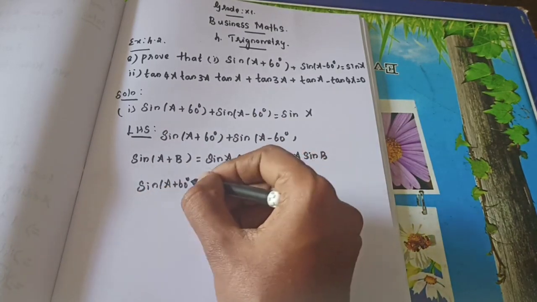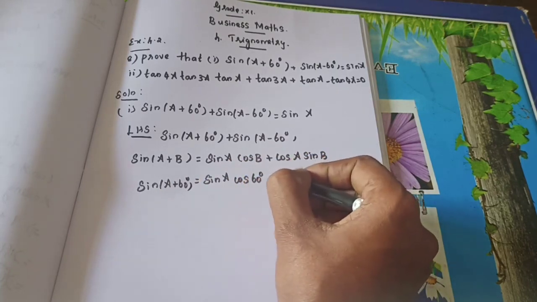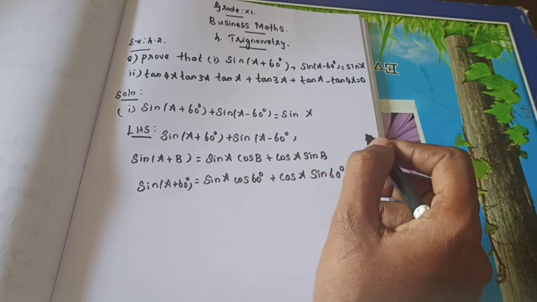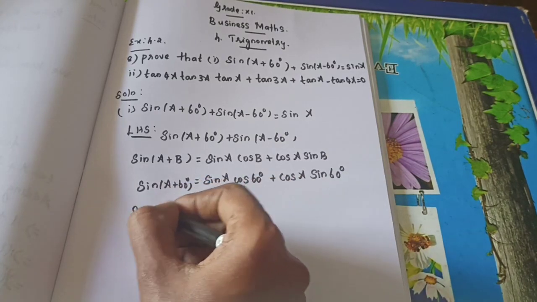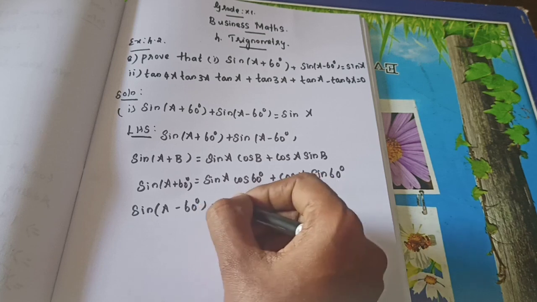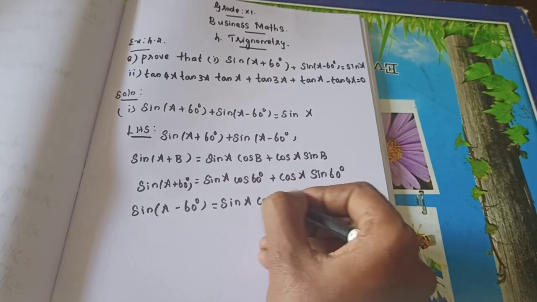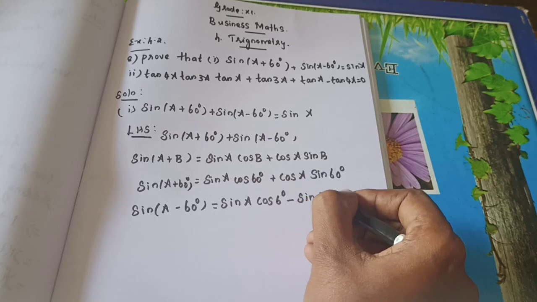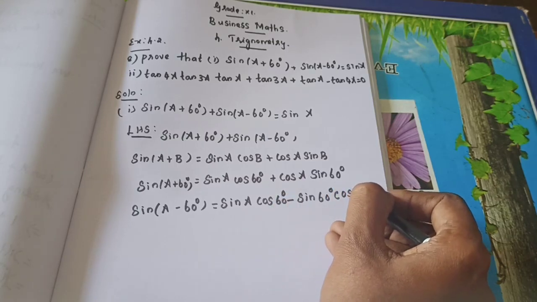Okay, so sin a cos 60 degrees plus cos a sin 60 degrees. Then sin(a - 60 degrees). What's the formula for sin(a - b)? Sin a cos 60 degrees minus sin 60 degrees cos a.